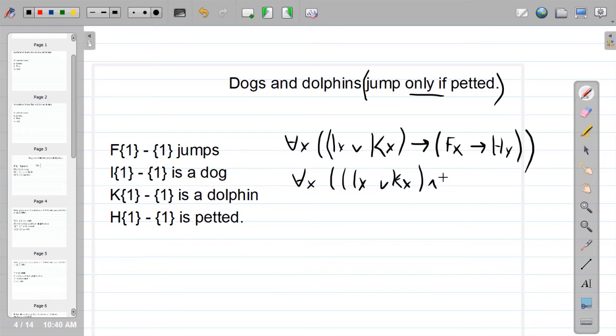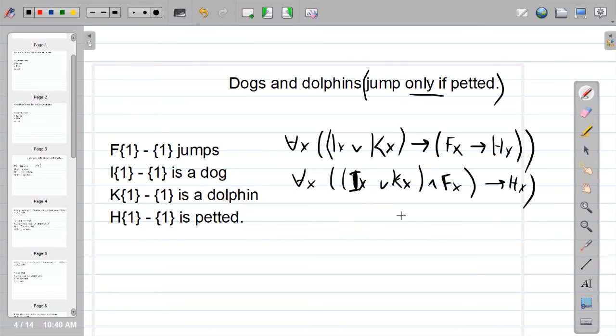That's all the antecedent, then Hx. Okay. Let's see. My brackets are not different enough from my I. Okay. So that says, if something is either a dolphin or a dog, and it jumps, then it was petted. That's good, right? Does that work? I think that works.